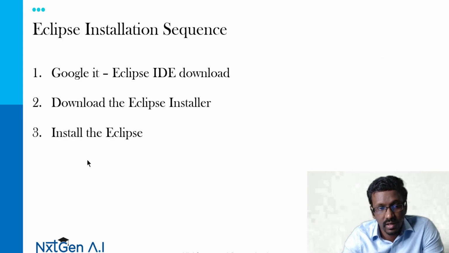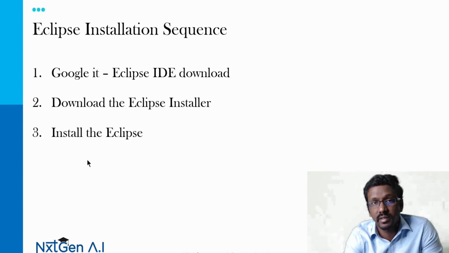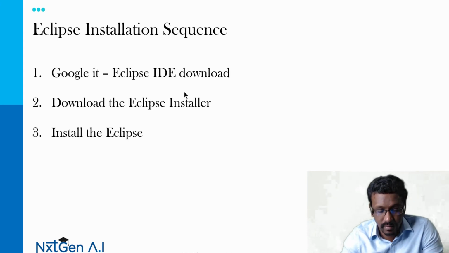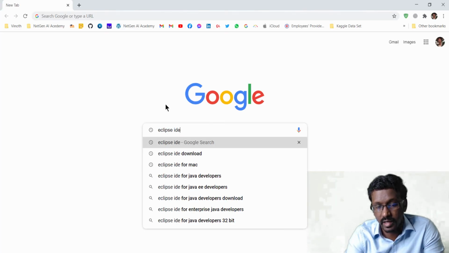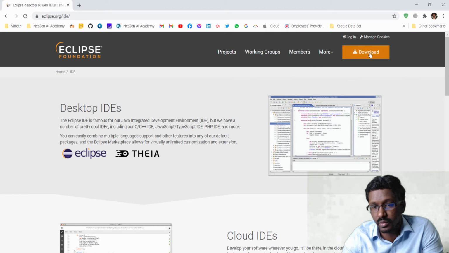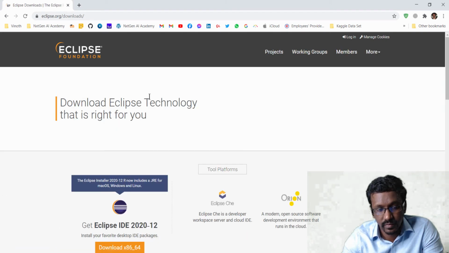Those were the 6 steps. Now the next step is we have to install the Eclipse IDE. IDE means integrated development environment, where we type our Java code. So first step, the Eclipse IDE official website URL. I will mention this in the video description also. Click on download.